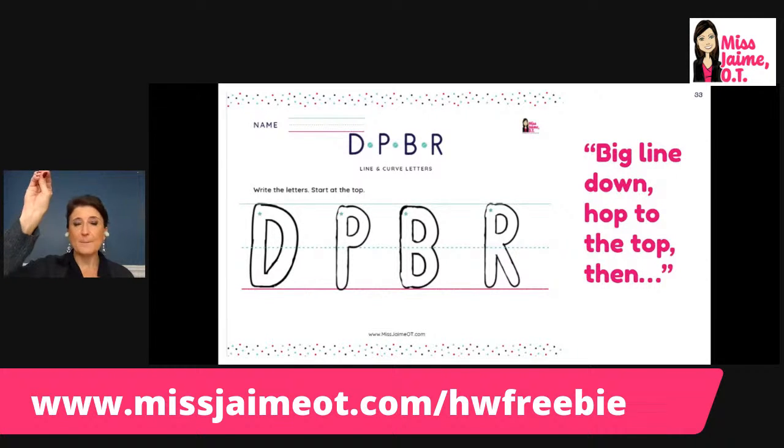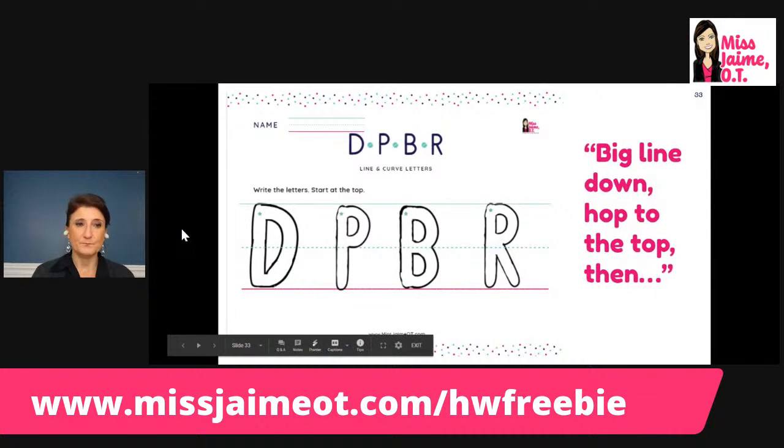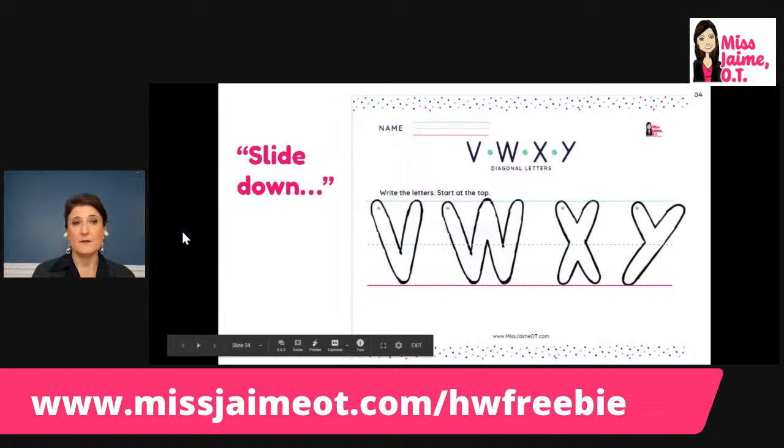They're starting at the top, at the star, big line down, then they've got to hop back up to the top. So remember before I called that a pencil pickup. And then for D, they have a big curve, but for P, B, and R, it's a little curve and then another movement. And these sheets are just perfect for rainbow writing.